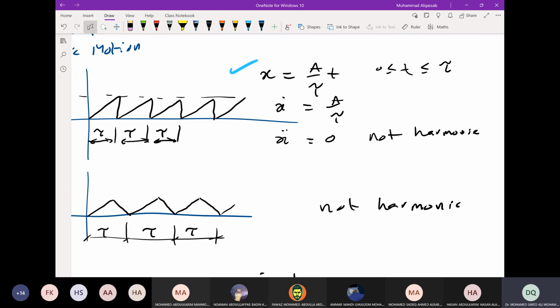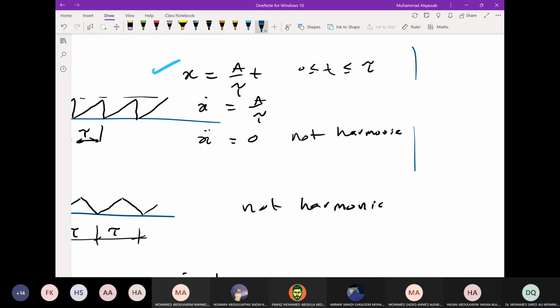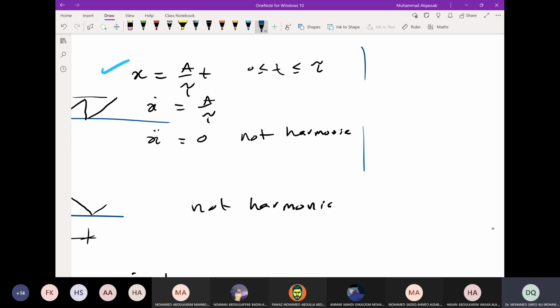So you have to define for the second interval from tau, let's say we can remove the equality if you want, less than or equal to 2 tau, then x is different. Not equal to a over tau t.